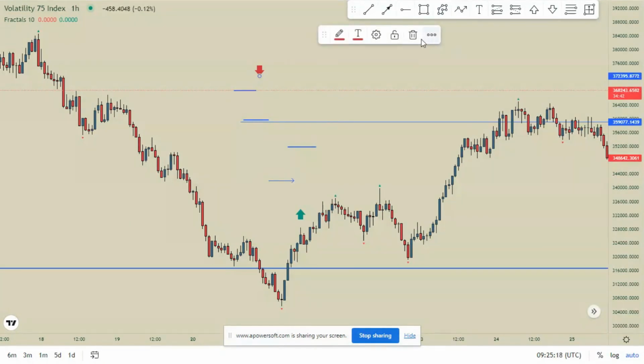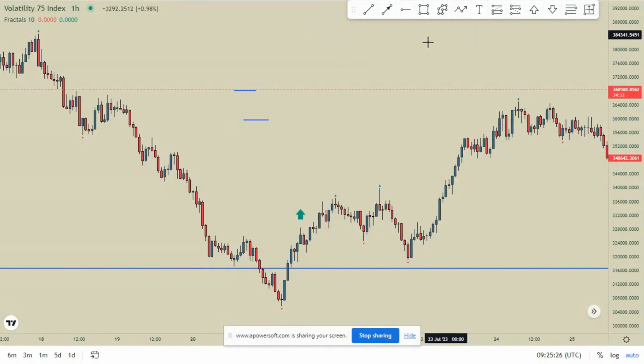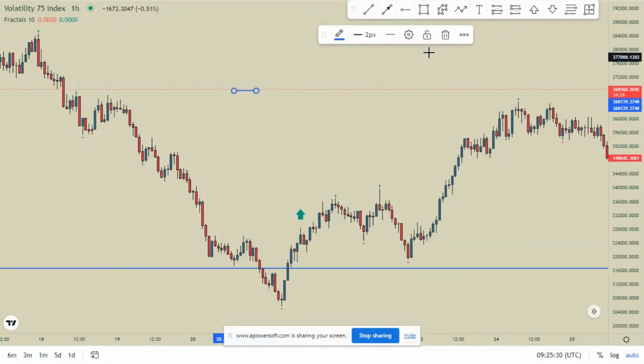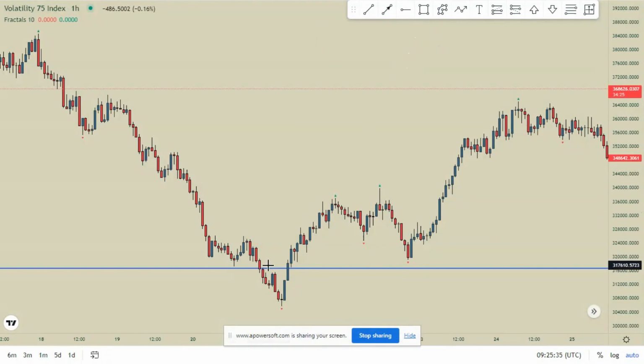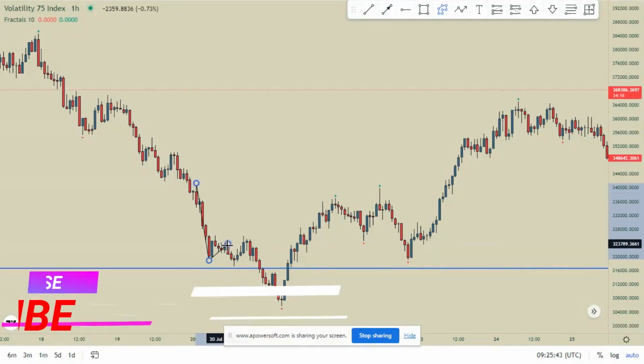Let me first delete this, and remove these lines. So now we can see that price broke down, and then we can see this move that I've been talking about. Price came down, it went somewhere up.